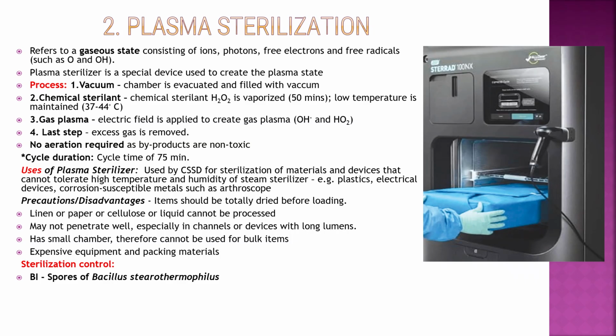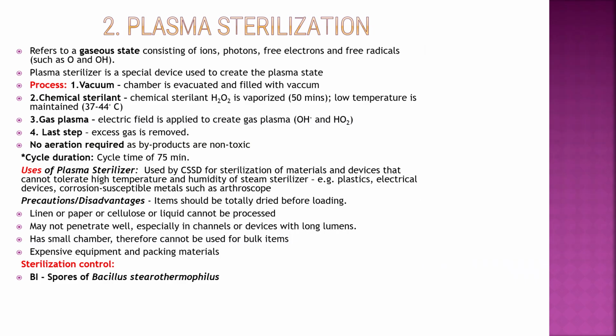Cycle duration is 75 minutes. Used by CSSD for sterilization of materials and devices that cannot tolerate the high temperature and humidity of the steam sterilizer. Examples: plastics, electrical devices, corrosion susceptible metals such as arthroscope. Precautions or disadvantages: items should be dried before loading.